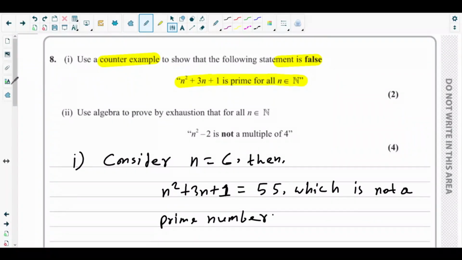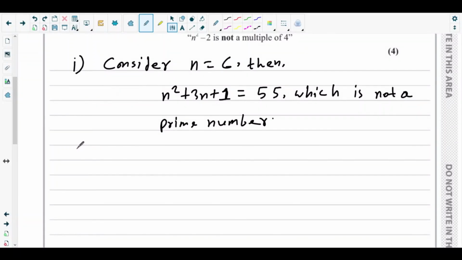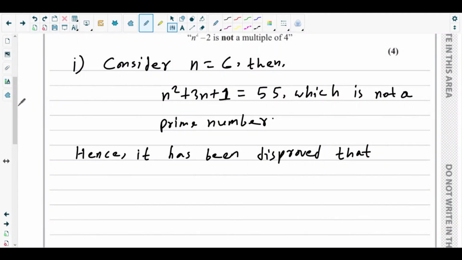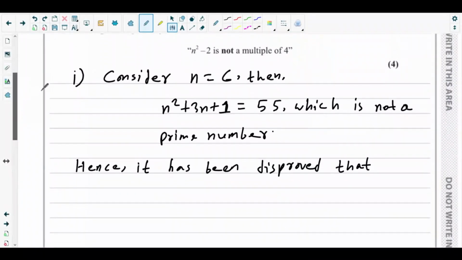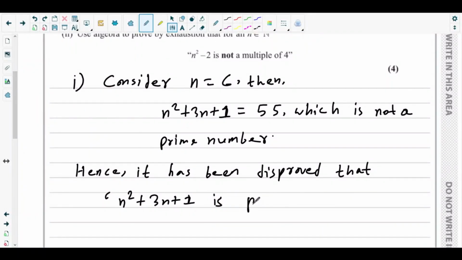Hence it has been disproved that n squared plus 3n plus 1 is prime for all n element of natural numbers.